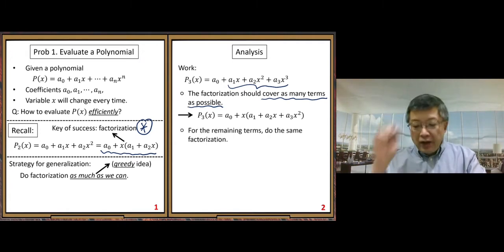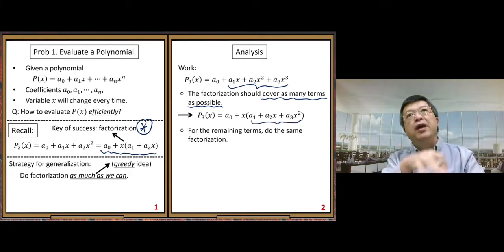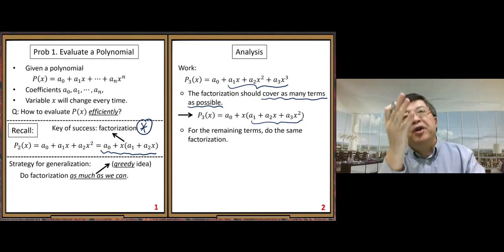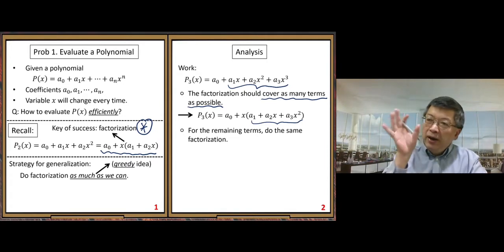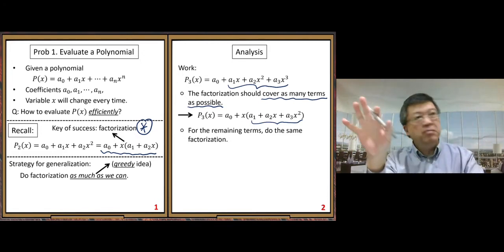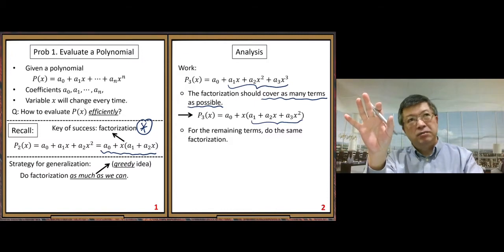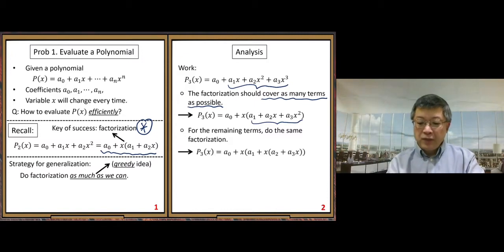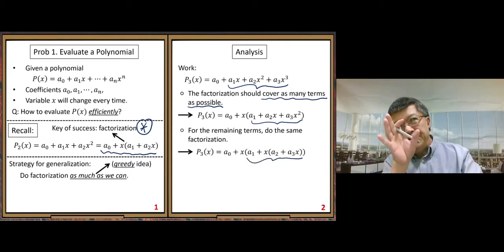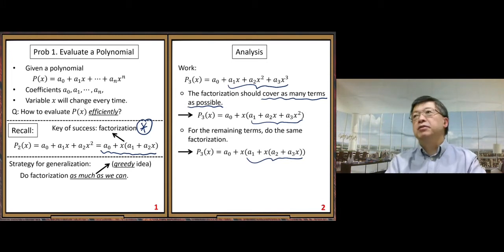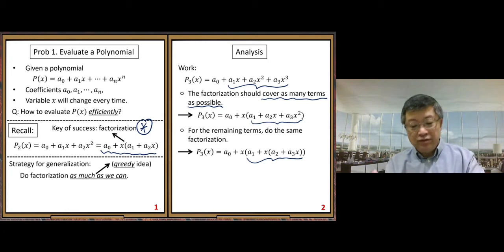Next, inside the parenthesis, we have another smaller polynomial. Can we apply this factorization technique another time using the same idea? Yes, we can. So inside the parenthesis, we do the factorization that covers as many terms as possible. So we get another round of factorization like this.